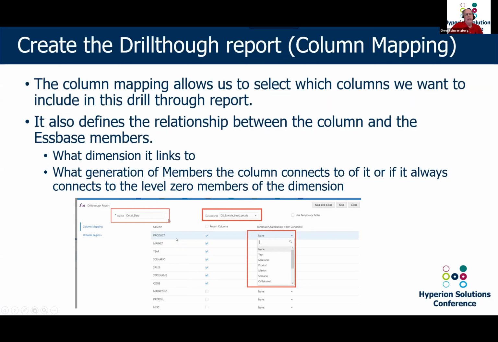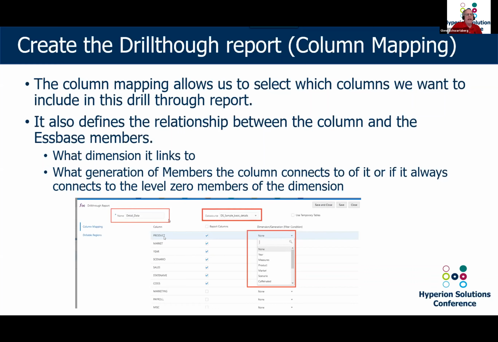And even though we might have 20 columns in our data source, we might not want to use all of them. We might only want to use a subset of those columns. So what we do is define which columns we want in this drill through report. Then we have this dimension generation filter condition.